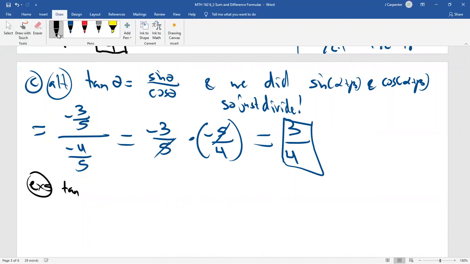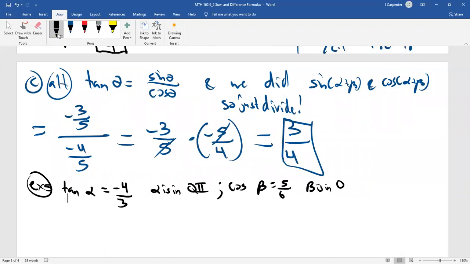The tangent of alpha was negative 4/3, and alpha is in quadrant 2, like we said. And then cosine of beta is equal to 5/6, and beta is in quadrant 1.